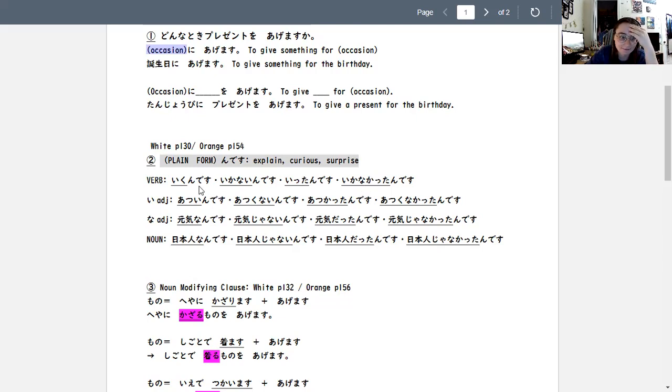So this just goes down the line of the chart that we went over earlier, and it just gives you examples. So iku, to go, atsui, which means hot, genki, which means like, are you doing well, and nihonjin, which is Japanese people. So it has each of the different conjugations on how to do it. I'm not going to go through all of them because I'm starting to lose my voice again.